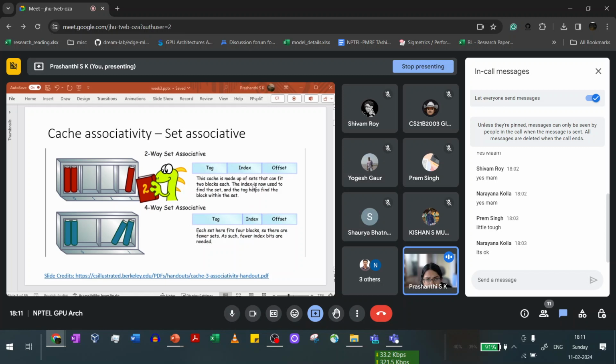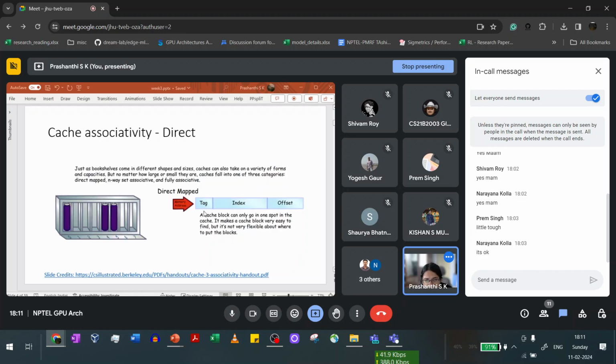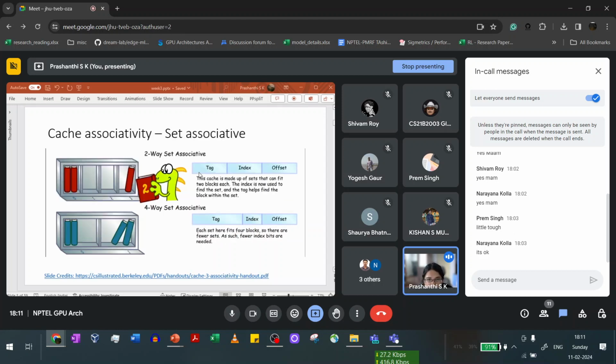Also notice that in this illustration, the widths of the 3 fields are proportional to the number of bits. For instance, here you will see that the tag is smaller, the index is a little bigger. In the 4-way set associative, here we are talking about 4 slots, each with 2, so overall you have 8, and here we are talking about 2 slots each with 4.